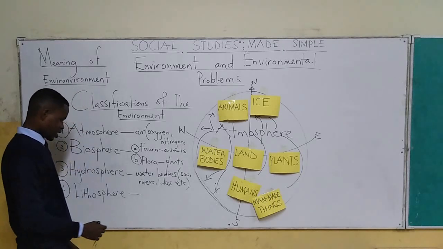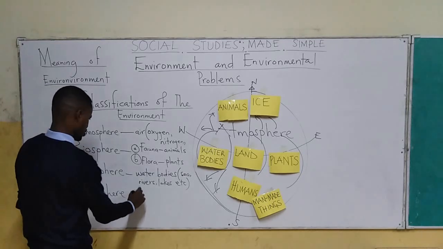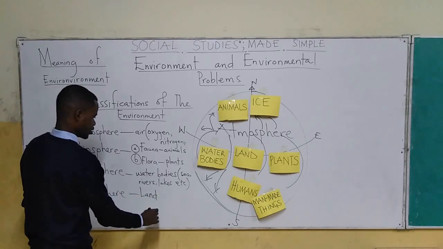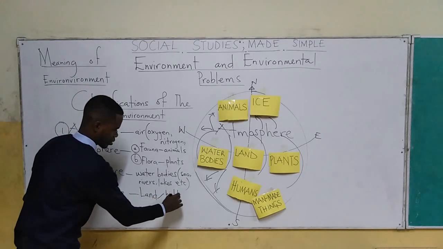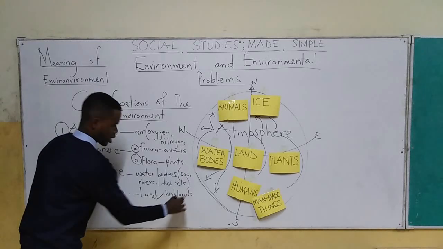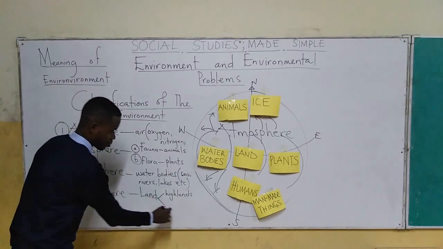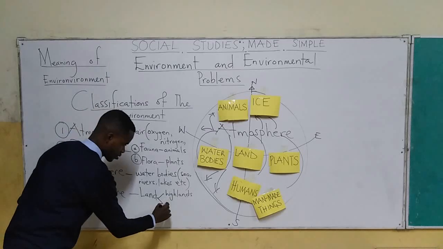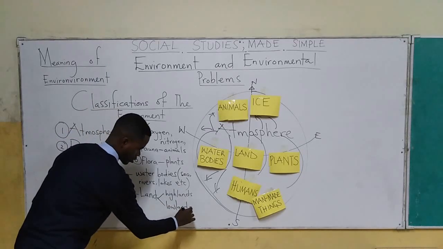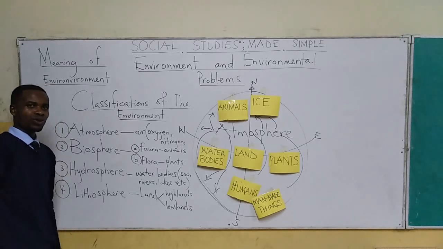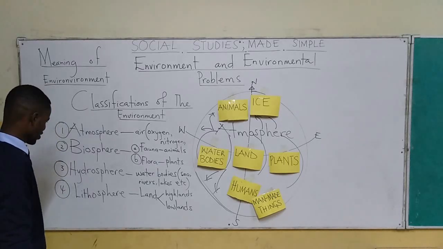Okay. Lithosphere. Land. We can have highlands, there are mountains and hills, and lowlands. Good.